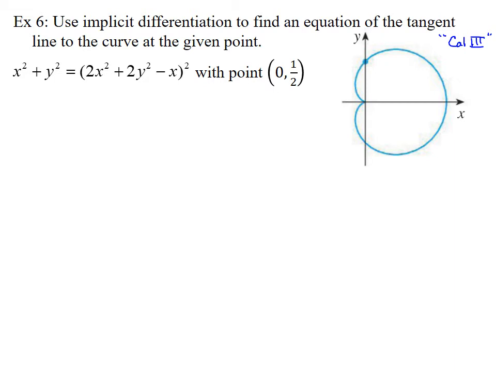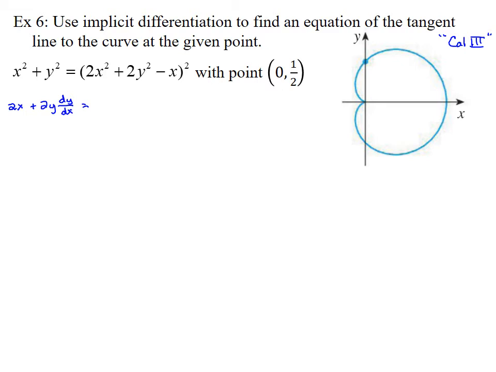Step number 1, let's find the derivative from left to right. The good news is there's no product rule, but you do have a chain rule on the right-hand side. So let's see the derivative. The derivative of x squared is 2x. y squared becomes 2y times dy/dx. Here's the chain rule.